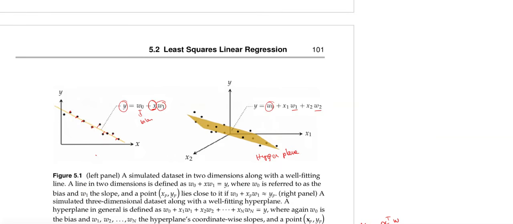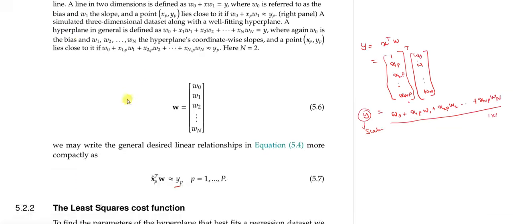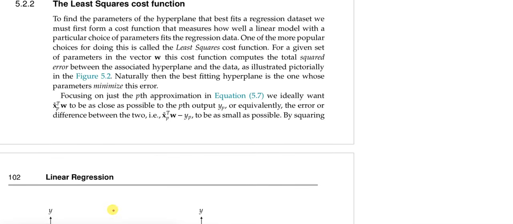Even in multiple dimensions it is the same way. So the least square cost function for a given set of parameters W is the cost function.